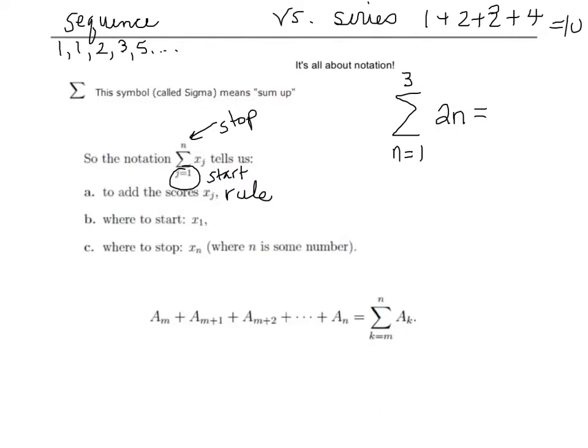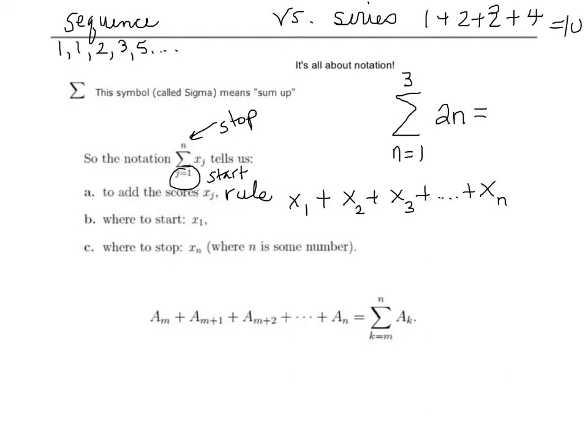So to write this out, I would say x sub 1 is my first, plus x sub 2, plus x sub 3, plus, and then eventually I'm going to get to the ending number, which would be n. So for instance, on this rule that I have right here, this says I want to sum up using this rule, and I'm going to start n at 1, and I'm going to end after 3.